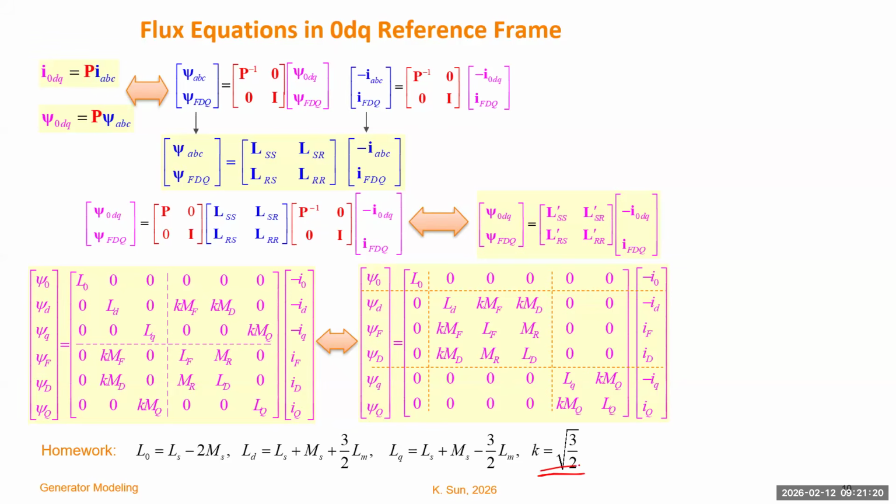Okay. So if you don't use the orthogonal power transformation, that is possible. The K can be a different value, and those two components may not be equal. So you may not generate a symmetric inductance matrix. So you can choose the base quantity for the currents for the rotor windings so that the inductance matrix is symmetric.